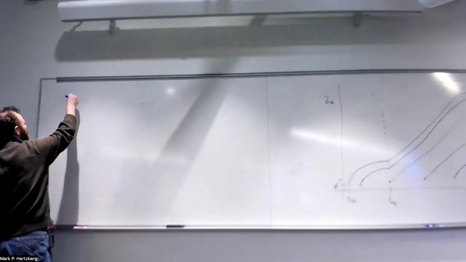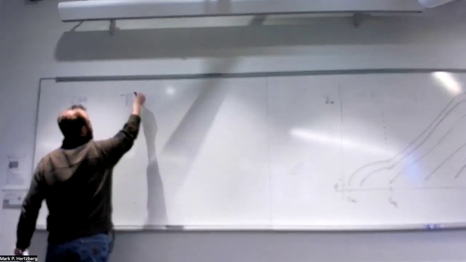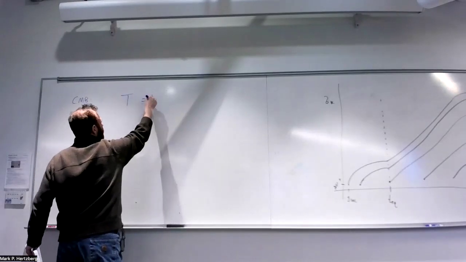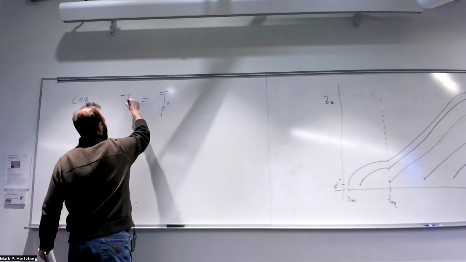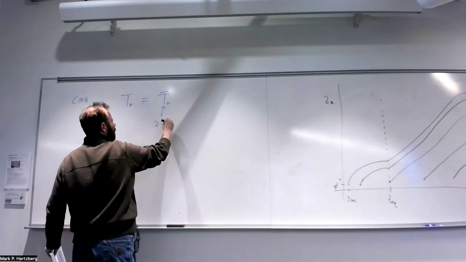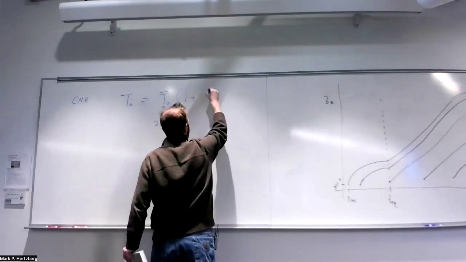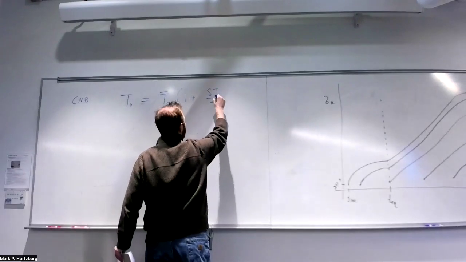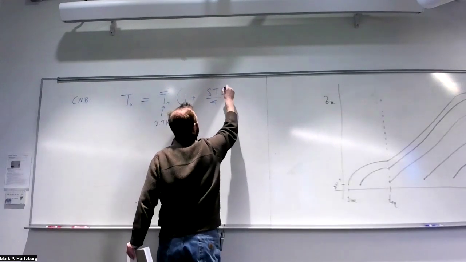Okay, so if I talk about the CMB, the related statement is that the temperature of the CMB has a mean value, let's say today, of 2.7 Kelvin. And then you can also talk about fluctuations in that, delta T over T bar, I guess. So yeah, this could be a function of position.